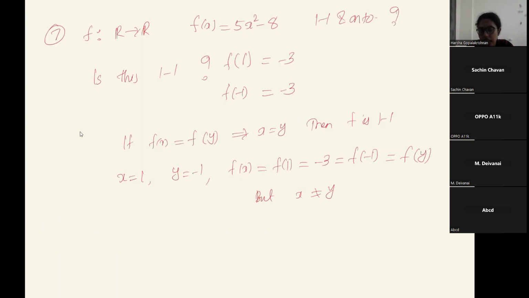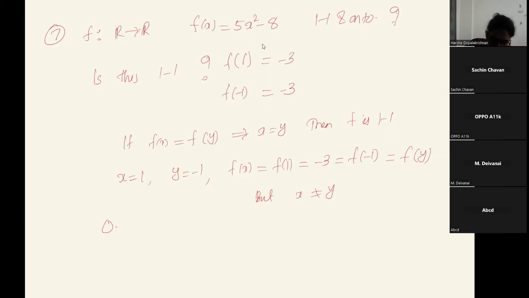Clear? Clear why it is not 1-1? Anyone has doubt? No doubt. Okay, it is not 1-1.